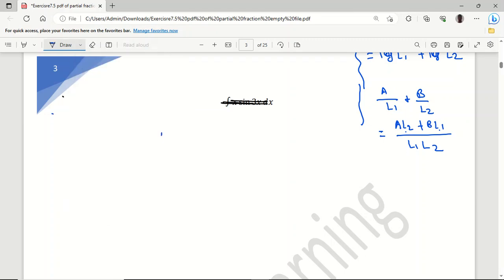So here we had Px upon L1 into L2. In the numerator we have some polynomial, and here also we have some polynomial in the numerator. The main thing is that the degree of Px cannot be greater than 2, or even equal to 2.